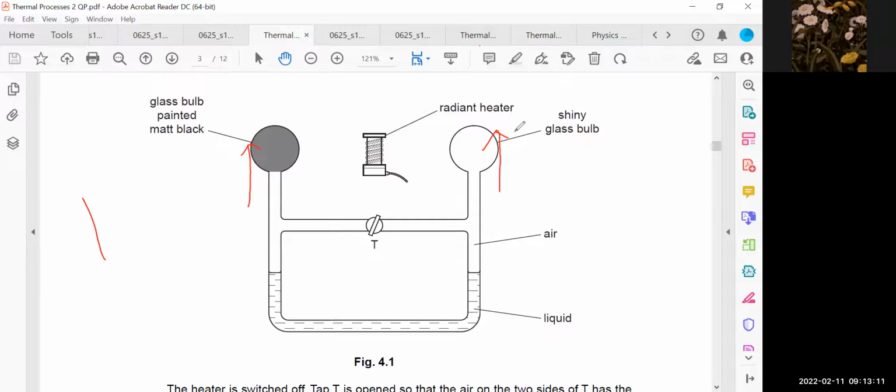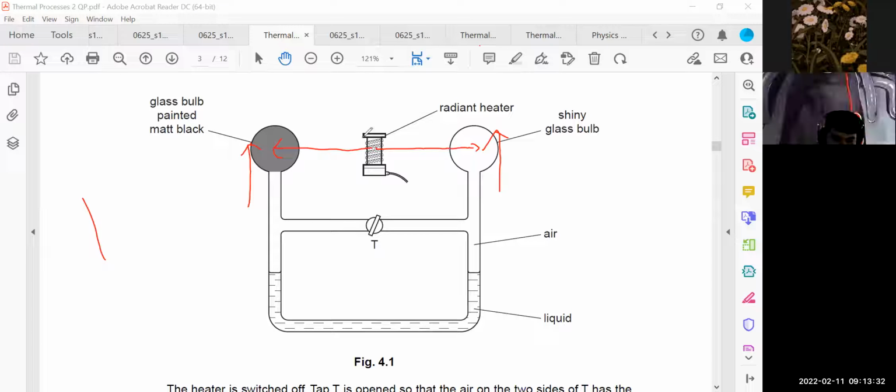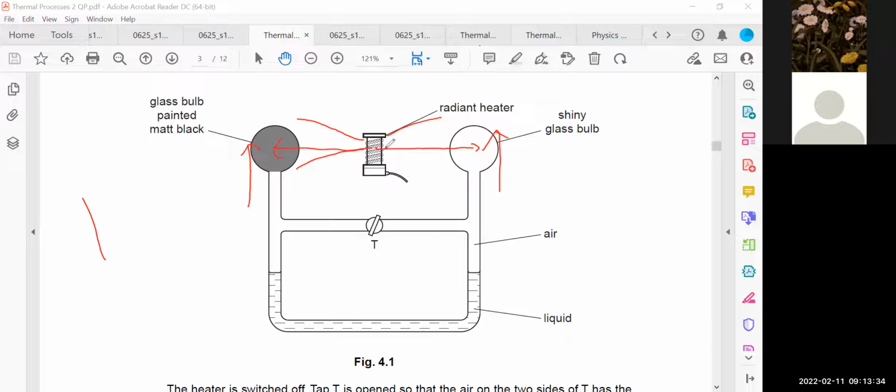What happens actually? Let me explain first, children. The heater is placed exactly in the center of this system, which means the distance of the heater is the same from the black body as well as from the shiny surface. Radiations are going in all directions to both objects.